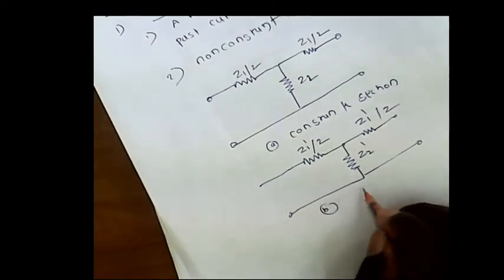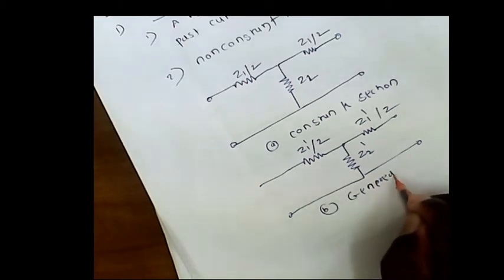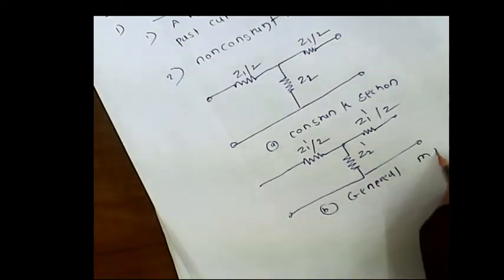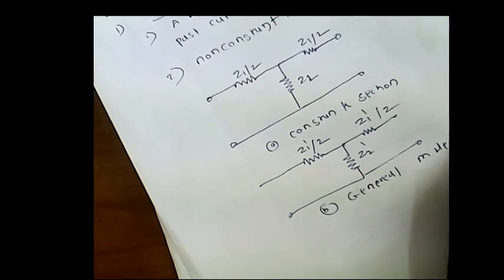So this is the general M derived section. This is the general M derived section, in which we put Z1 dash is equal to m into Z1.